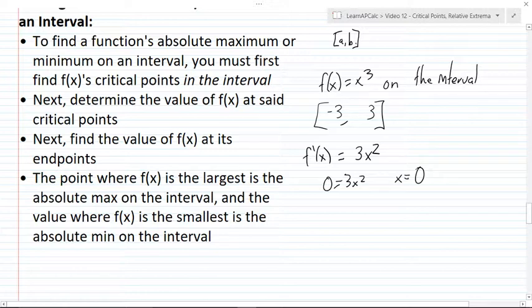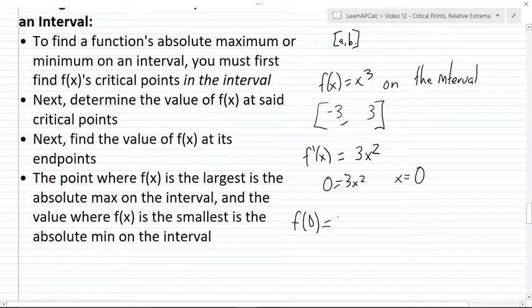Don't need plus or minus because there's no plus or minus 0, but it's a common mistake to make. In addition to that, so now we need to plug in our critical values.